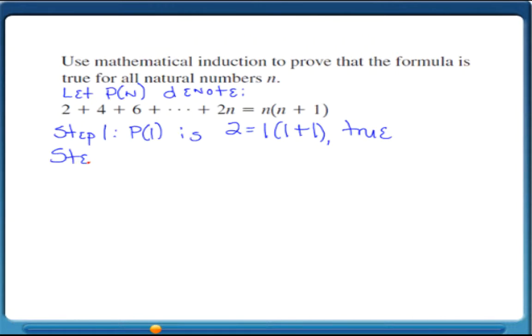Step 2, is assume that P of k is true. That is 2 plus 4 plus 6 plus ... plus 2k equals k times k plus 1.